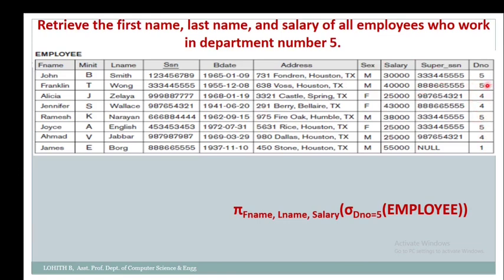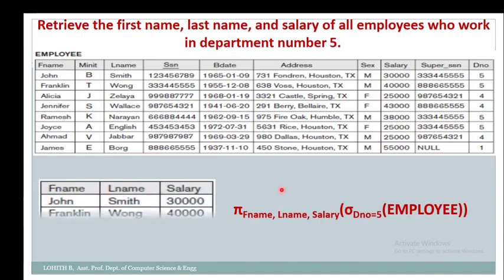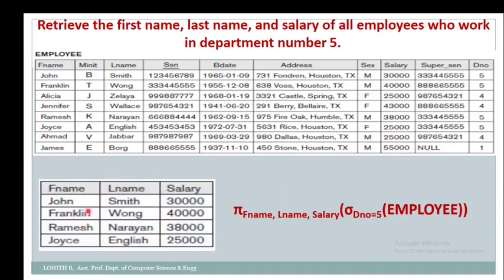Yes, I selected some of the rows which belong to department 5, and from that I need to select the columns first name, last name, and salary. So my resultant output looks like this, where it retrieves the first name, last name, salary of all employees who work in department 5.